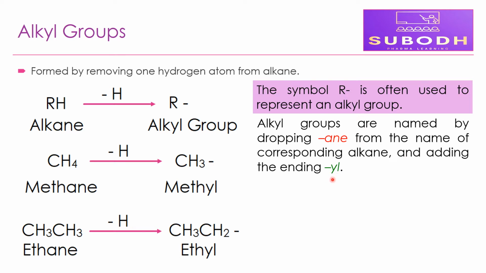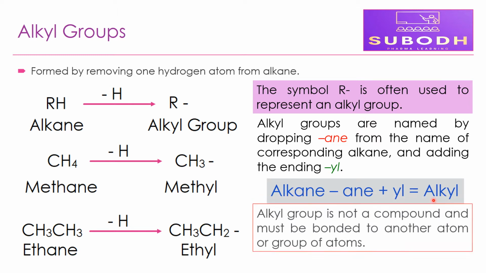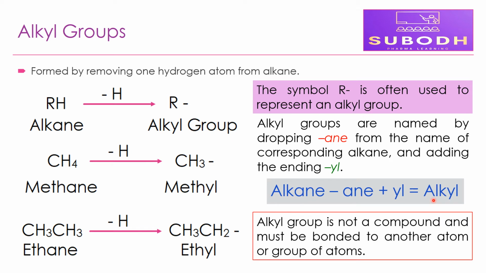That is, removing ANE and adding YL gives alkyl. Remember that the alkyl group is not a compound and it must be bonded or attached to another atom or group of atoms.